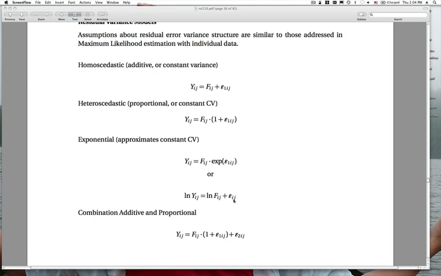And then, of course, we can have more than one type of residual random effect. In this last model here, we have a combined additive and proportional residual error. So we could imagine that the observed data are characterized by variability from multiple sources. One of them might be the assay error, and oftentimes that's the proportional component for most analytical assays.